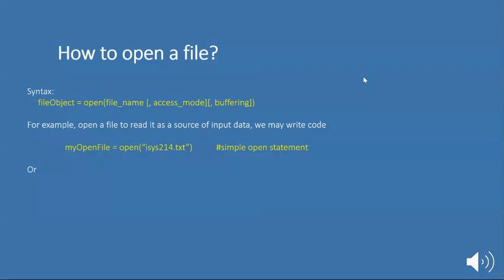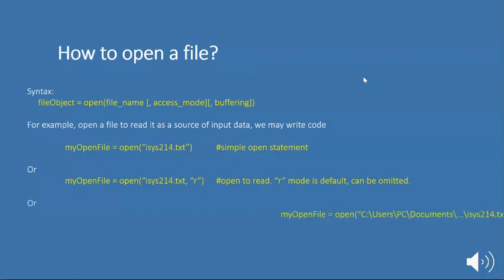The second opens the file with mode R, which means open to read. Since it is the default mode, R can be omitted. The third opens the file with a path to the file in the computer.